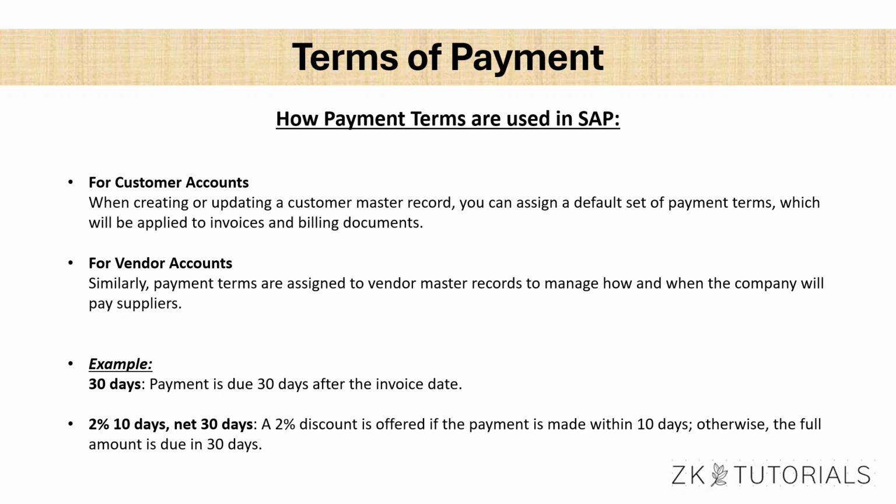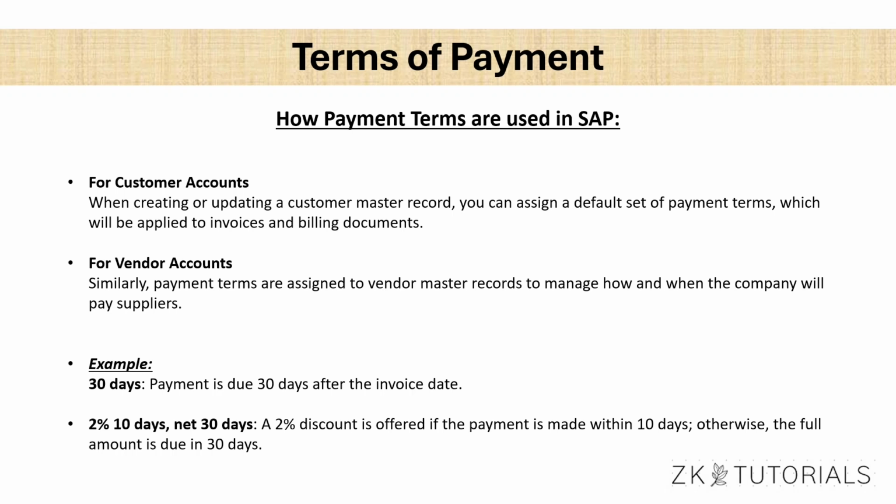Similarly, vendors also. There are a few vendors who give more credit period, and there will be a vendor who gives less credit period for us. Suppose we have purchased some goods from vendor A. Vendor A gives more credit period. Suppose he will say you can pay after 60 days, so the credit period is more.